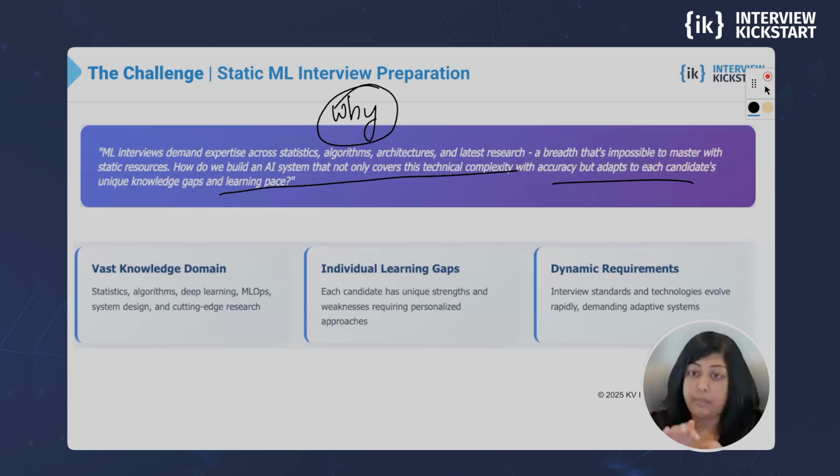It should help you build and cover the breadth as well as the depth, but it needs to adapt to each of the candidate or the learner's knowledge gaps and your own learning pace, right? So that's primarily my motivation behind standing up ML AMP as this agentic AI application that's able to bridge the individual learning gaps and dynamically evolve, right?